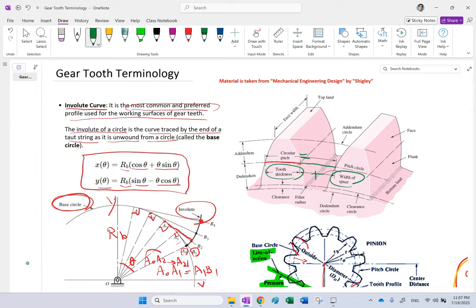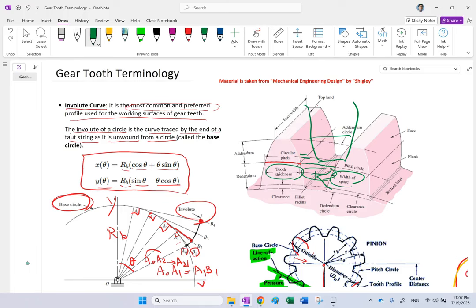Okay? Now, one question. Are each one of these half of the circular pitch, or they are not equal? Is the thickness and the space the same? The answer is no. The space is a little bit bigger than the thickness, because when the other one is coming in and getting engaged with that, remember the two circular pitches are tangent, then clearly you want that thickness that is coming in to be able to fit inside this space.